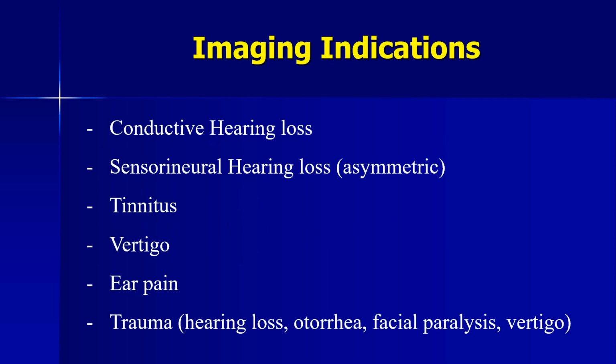The most common conditions for which we do temporal bone imaging include conductive hearing loss, asymmetric sensorineural hearing loss, tinnitus, vertigo, ear pain, and symptoms related to trauma such as hearing loss, otorrhea, facial paralysis, or vertigo.